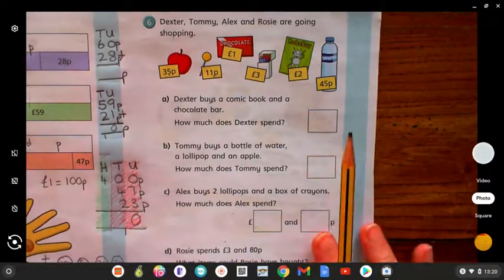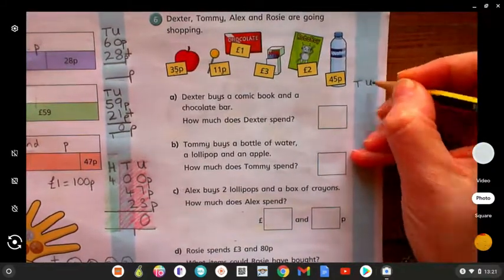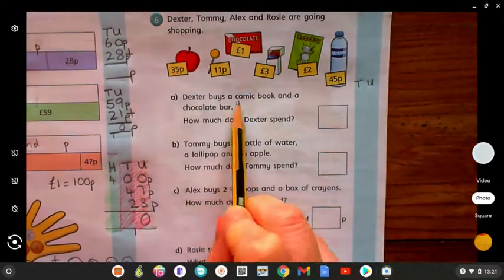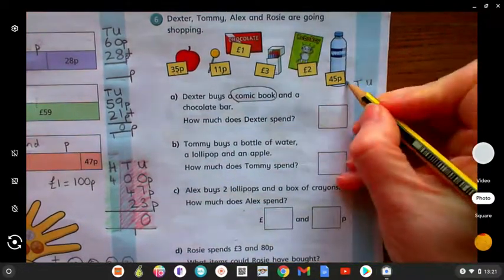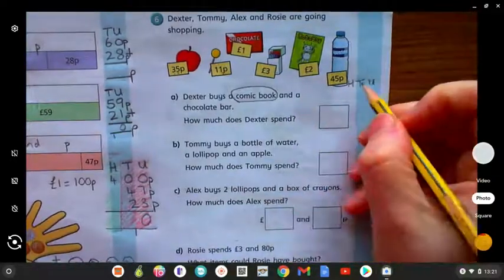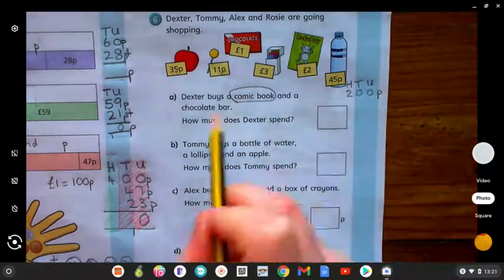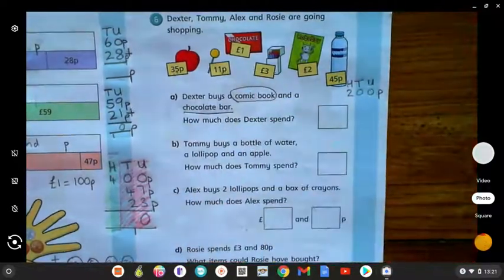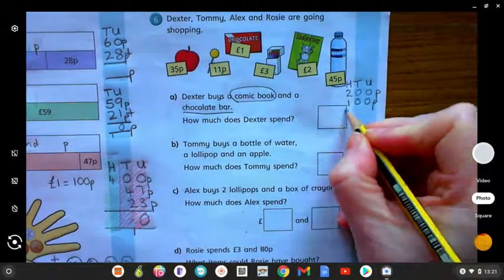Now, you might want to do this in your yellow squared book, or again, just note it on the side here. So he buys a comic book, which is £2. Okay, so we know that £1 is 100 pence, so £2 is 200 pence. Okay, and he buys a chocolate bar, which is £1, so 100 pence, and then add them together.